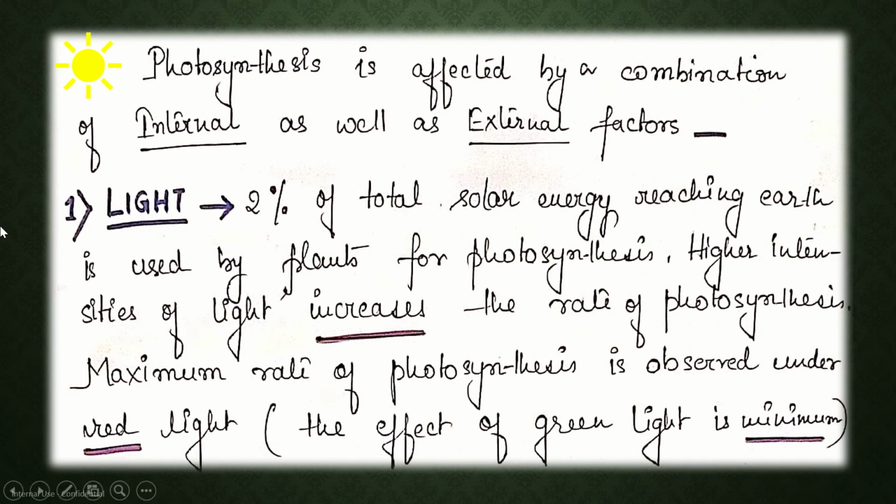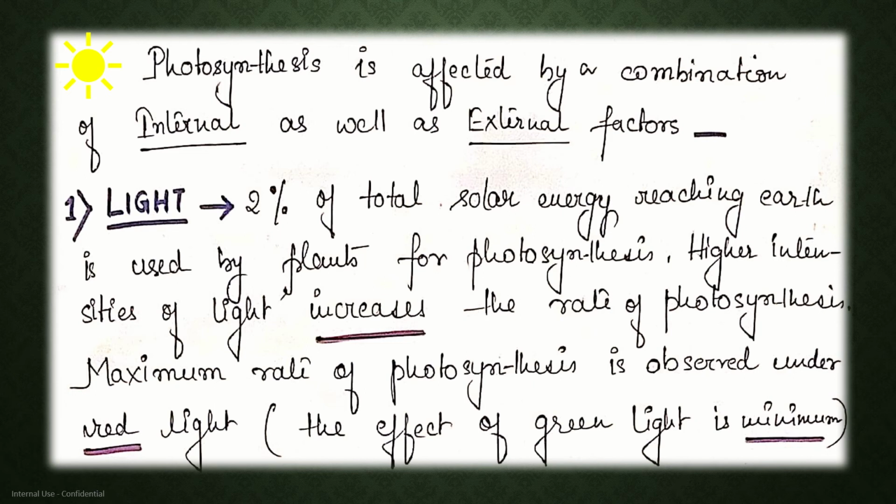It's only 2% of the total solar energy that reaches earth that is utilized by plants. It is not that whatever the plant is getting, every part of it is utilized by the plant. Only a meager 2% of it is used for photosynthesis.